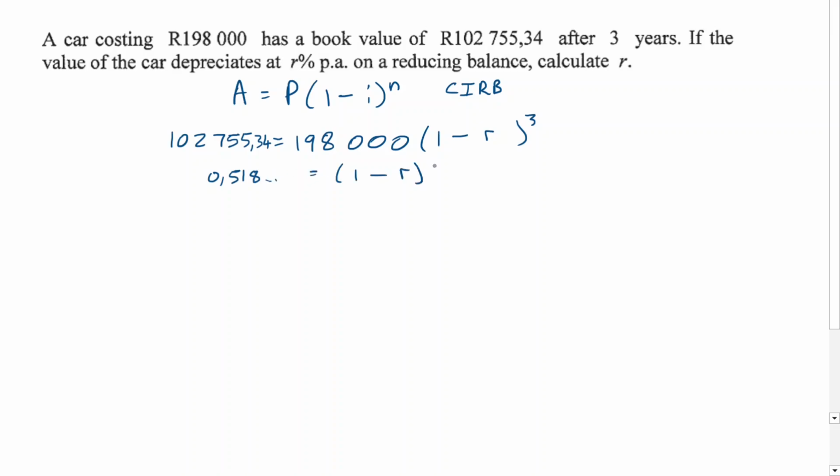The next thing that I want to do is cube root it to get rid of that power of 3. I'm not going to type in this 0.518, I'm going to just press answer, so cube root of the answer, and I get 0.80, and again I keep all my decimals on my calculator.